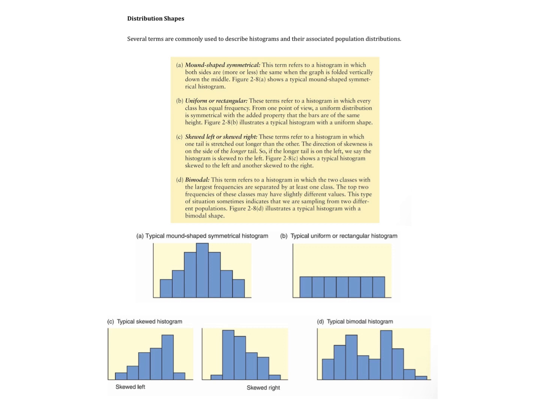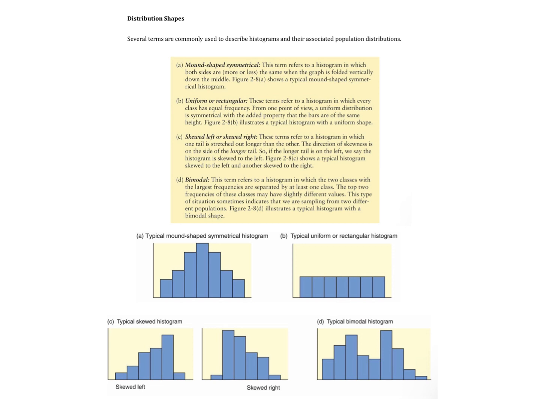One last thing I almost forgot, we need to talk about distribution shapes. We have mound shape, where most of the data falls in the middle. Uniform or rectangular is where each of the classes have about the same height. They don't have to have exactly the same height. And then we have skewed histogram, where there's a tail in one direction.